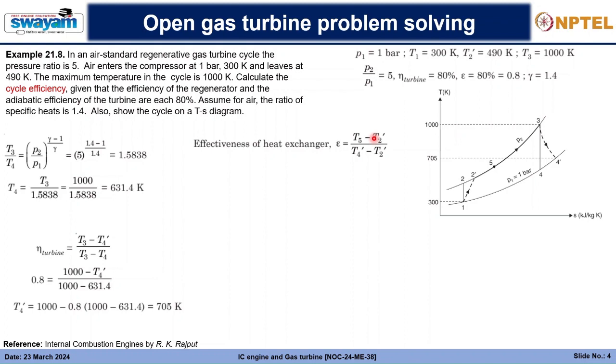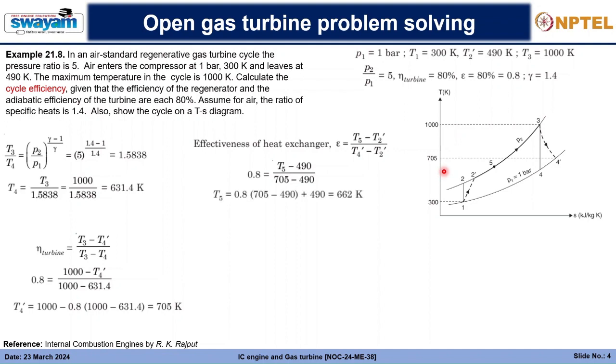So that is the effectiveness of the heat exchanger. For this part, we know that the compressor enters at 300 Kelvin and leaves at 490 Kelvin. That's why we do not need to calculate this. So we know T2 dash, and we'll just plug in the values, and we will get the value of T5.